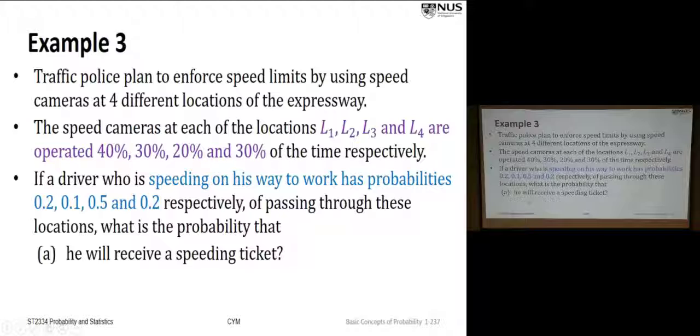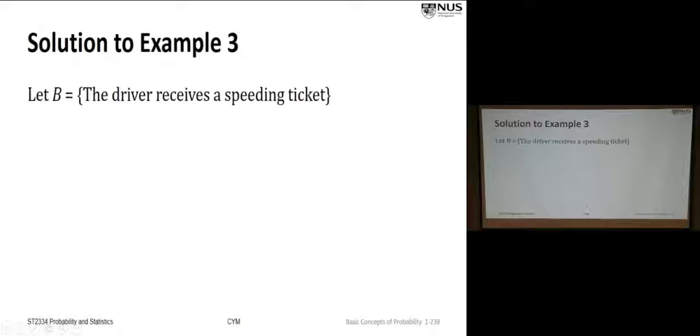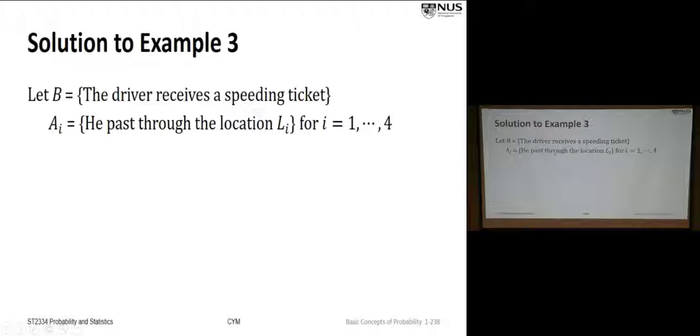So now the question is that you must translate all this into a probability statement. All right? So let's assume that the event that he received a speeding ticket is B, and A is that he passed through a certain location. All right? So in other words, he received a ticket maybe from location 1.